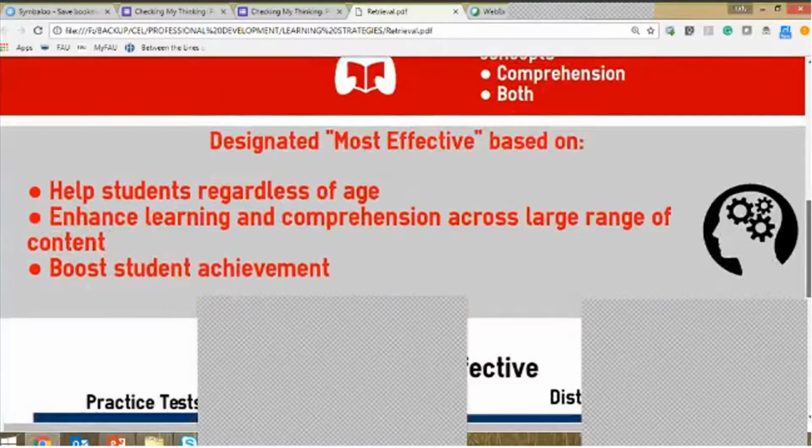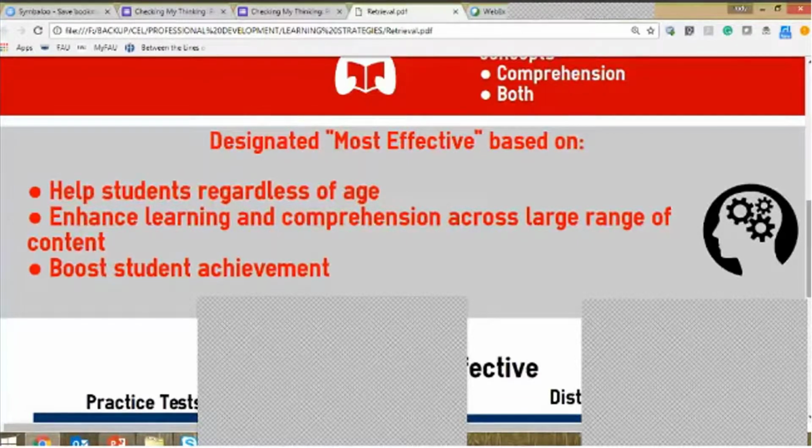The ones that were designated as most effective, based on all of the research and the studies that they looked at, were designated that way because they were able to help and support students regardless of the age, and that covered a pretty broad age span. But they also looked at strategies that truly enhance the learning and the comprehension across a large range of the content.